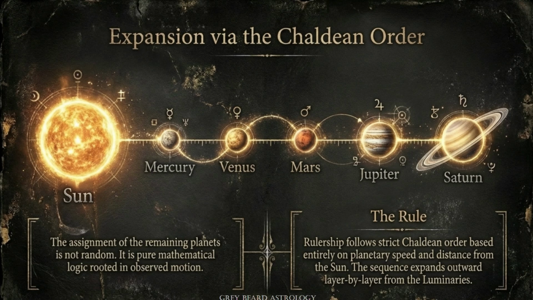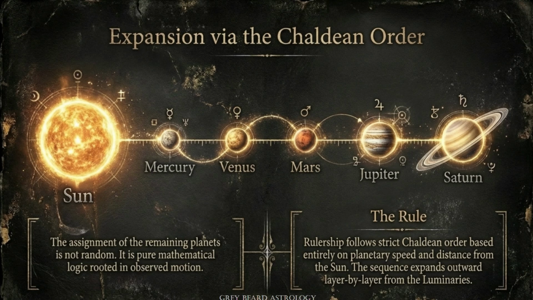The rulership follows a strict Chaldean order based entirely on the planetary speed, the distance from the sun of a planet. The sequence expands outward layer by layer from the luminaries, the 5 traditional other planets. So it's kind of an algorithm, if you will. The Chaldean order is an algorithm.